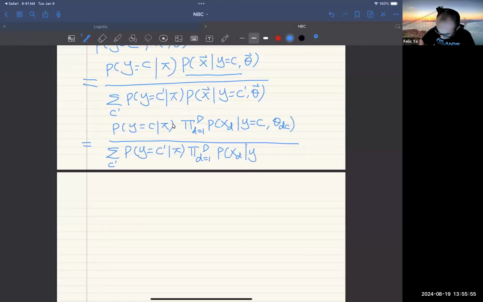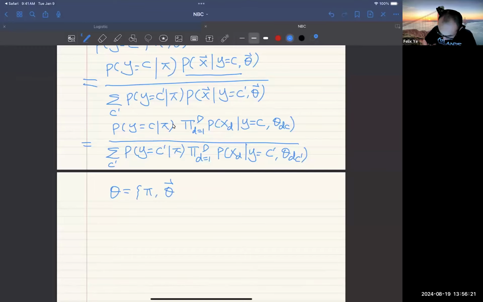Conditional on y equal to C prime and theta dc prime. So this C prime, you actually have to go through all possible C's. And of course, my theta here is the parameter. In this case, we have two sets: we have a prior, which is pi, and then we have a theta, total.